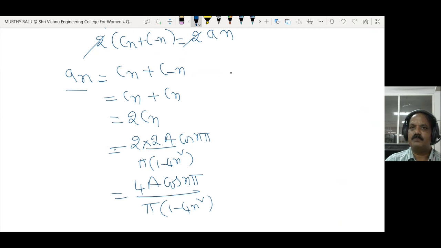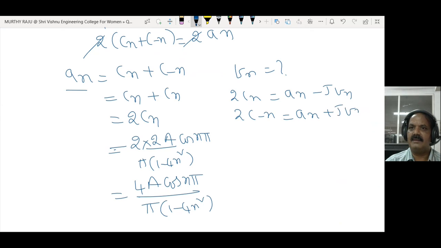Next one is Bn. To find out Bn, we know that 2Cn is equal to An minus JBn. 2C minus n is equal to An plus JBn.